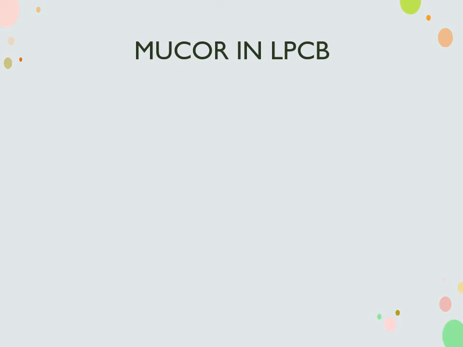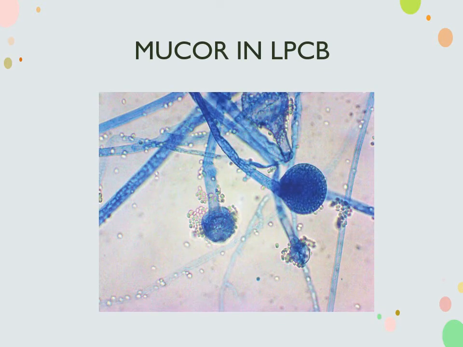In this slide you can see how Mucor is seen in the LPCB mount. Very broad hyphae are there, non-septate, there will be no septa, and you can easily see the sporangium and sporangiophore. You have to look only at the hyphae.